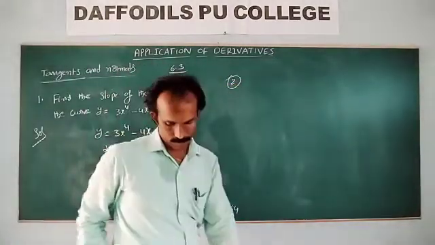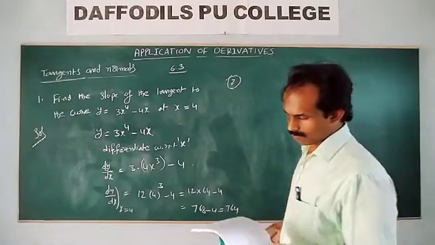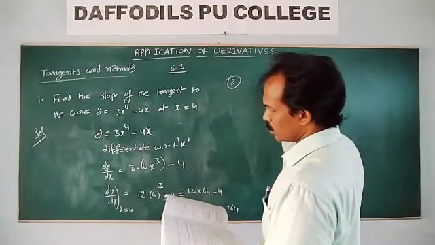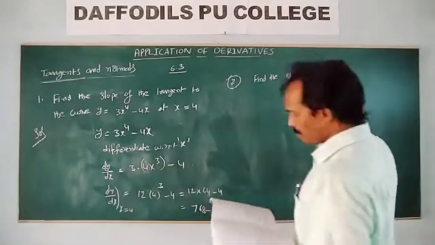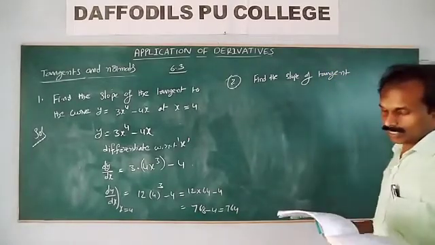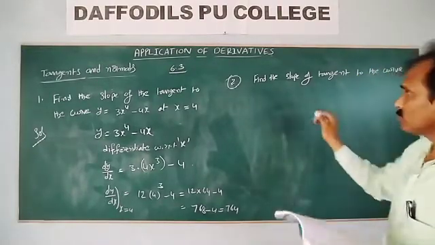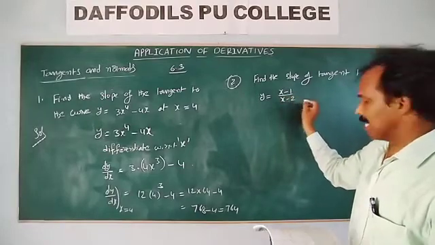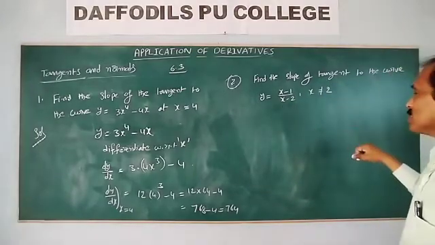Second question. Find the slope of the tangent to the curve y is equal to x minus 1 by x minus 2, where x is not equal to 2, because if you take x is equal to 2, the denominator is 0 and it is not defined.